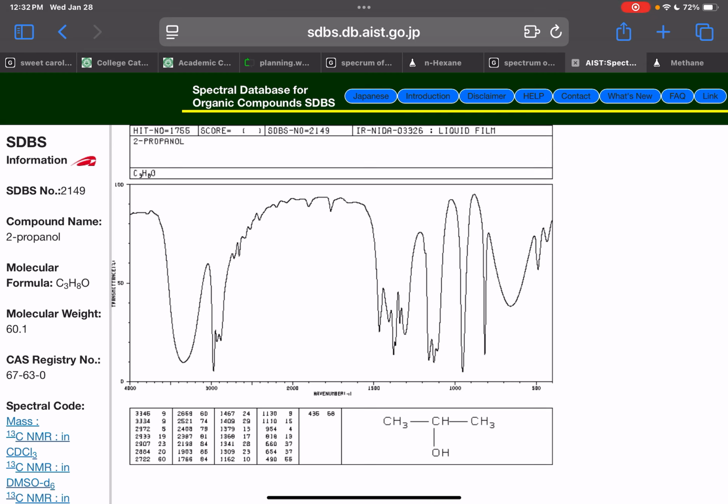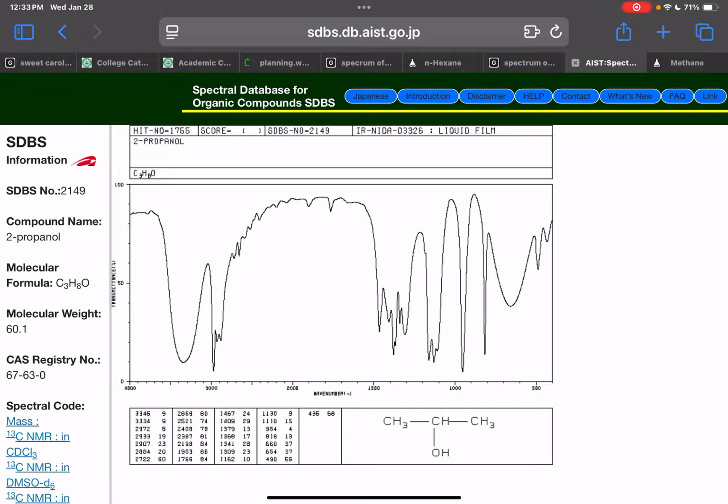But those would be the two possibilities, which allows us to rule out other things. Like, for example, you notice that we don't have any really strong signal around 1600, which is what we would expect for a carbon-oxygen double bond. So that would allow us to rule out carbonyl compounds. All right, so that's what we're aiming to do here.